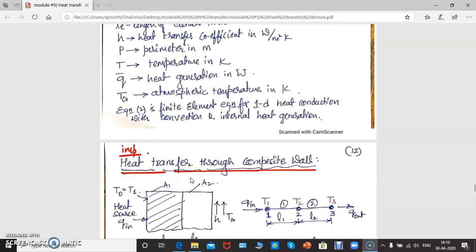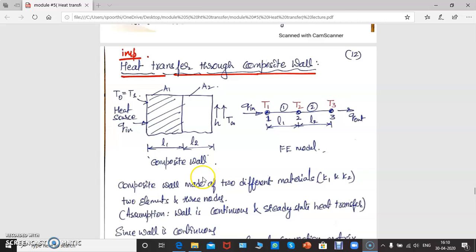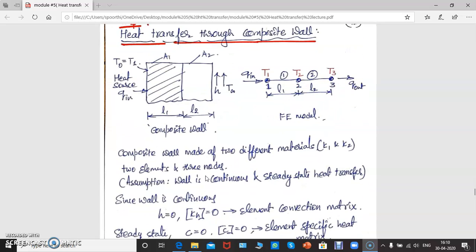Now next let us move to the composite wall. Composite wall is important because most of the problems are based on composite wall. What is a composite wall? You put 2-3 materials together, okay, like as shown in the figure. If you look here, there are two different materials, with areas A1, A2, similarly conductivities K1, K2.